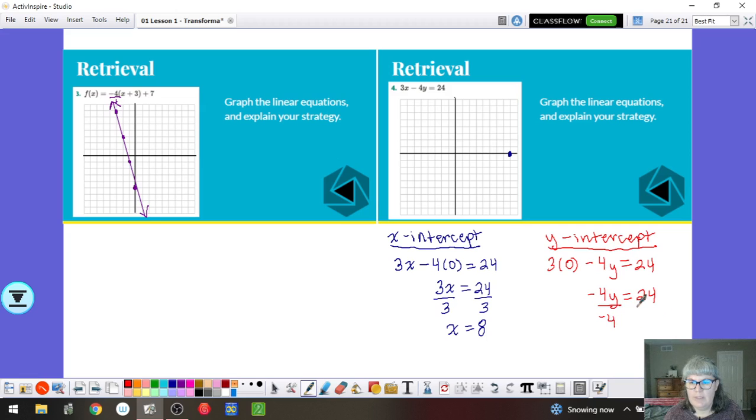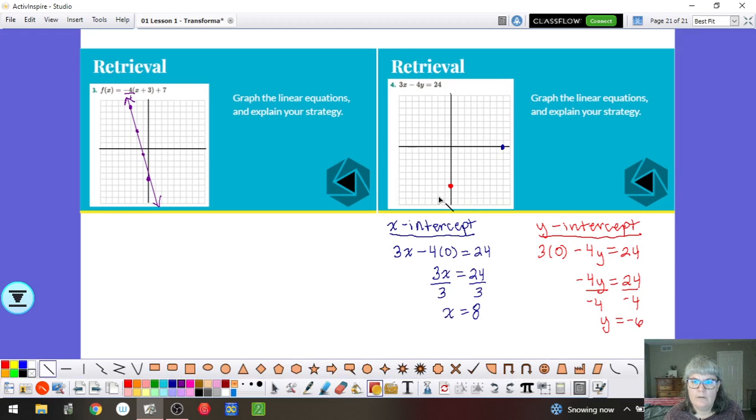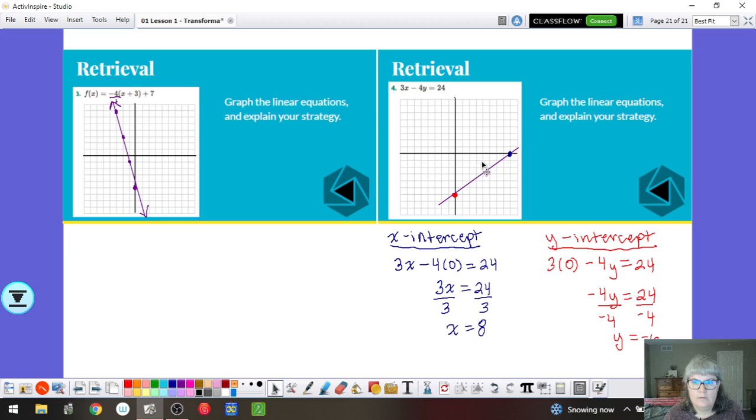Divide both sides by negative 4, and we have y equals negative 6. So I find negative 6 on my y-axis. 1, 2, 3, 4, 5, 6. I have 2 points, and I can graph my line. And that is how you can graph a line from standard form.